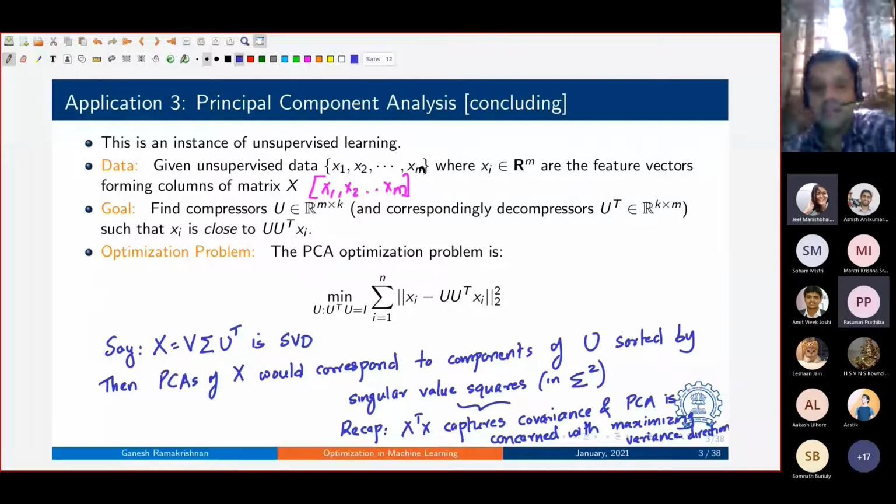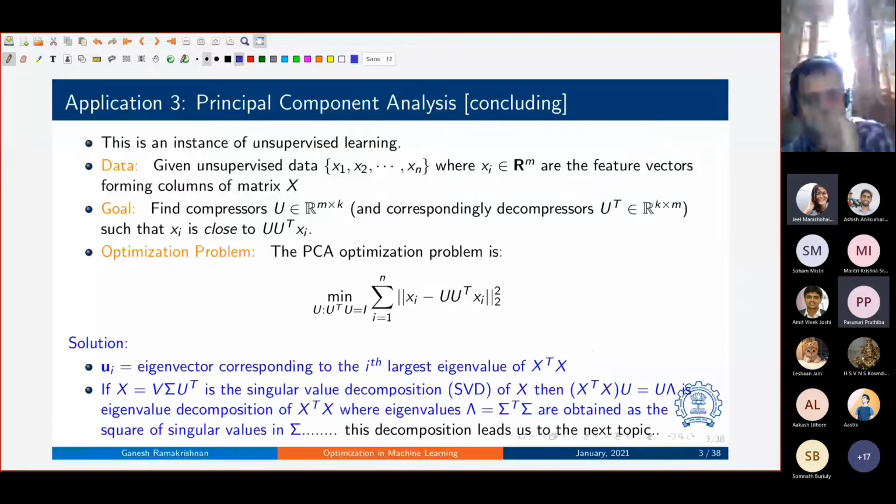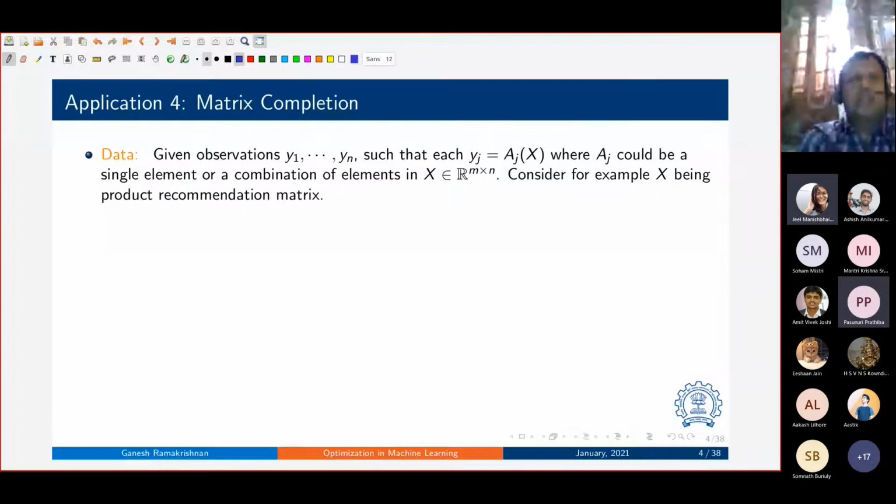Okay, thanks. So let's move on to the next topic with this background. The next topic is matrix completion, as I already mentioned upfront. Now the idea here is that you could have a matrix X such as a product recommendation matrix.